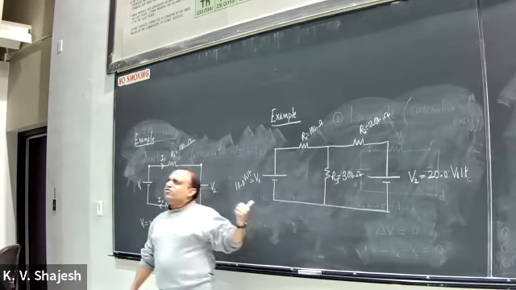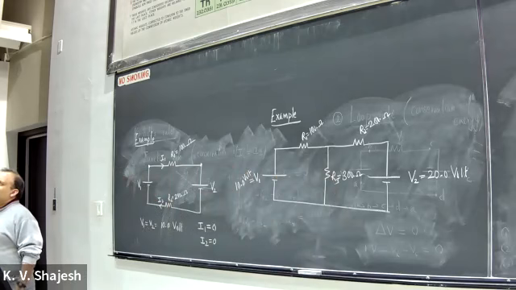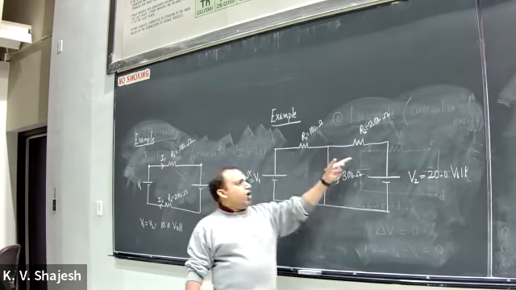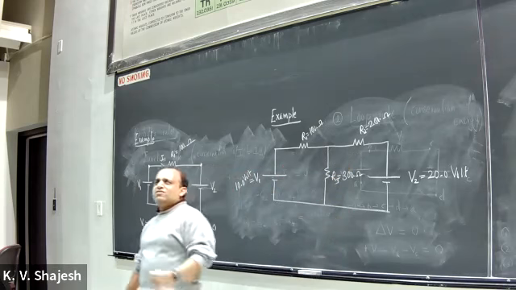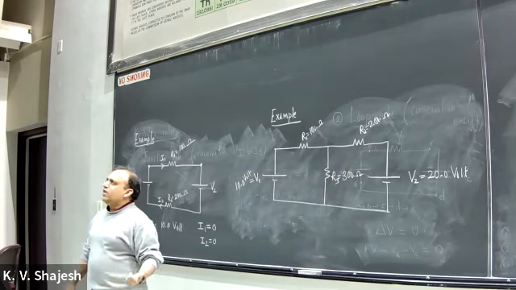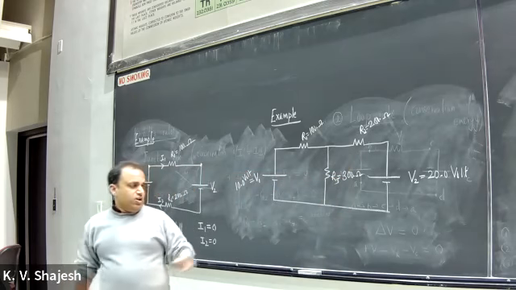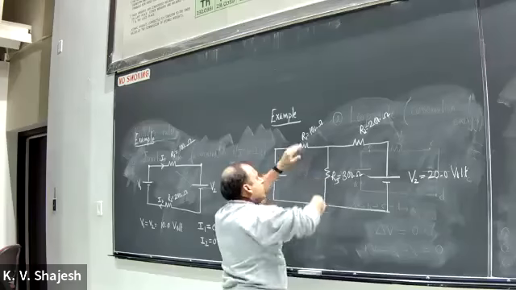Which of the resistances in this are in parallel? None of them are in parallel or in series. So this circuit cannot be analyzed using the ideas we have learned in series and parallel circuits, because this is not in series since there is a third resistor going in.